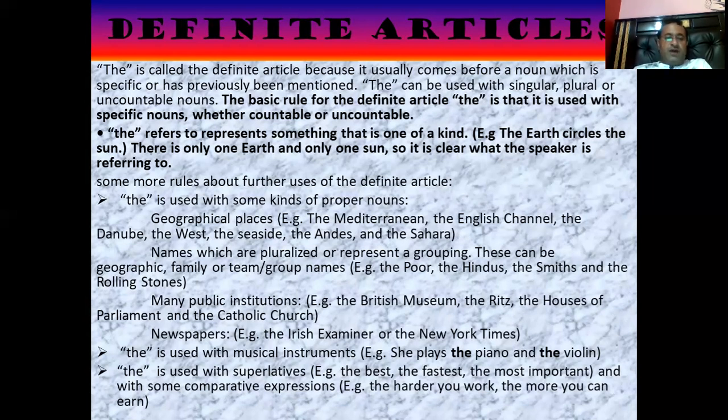Another important use of the is with musical instruments. For example, she plays the piano and the violin. Piano and violin both are musical instruments, so the is being used with them. And last but not least, the is used with superlatives, that is the third degree, after positive and comparative: the best, the fastest, the most important, and with some comparative expressions, the harder you work, the more you can earn.